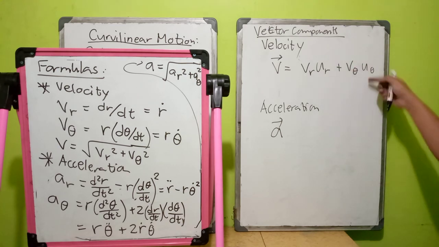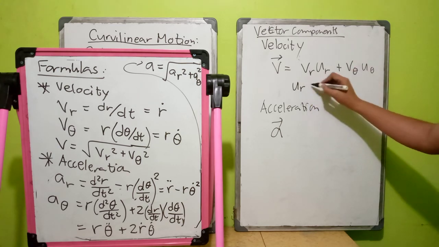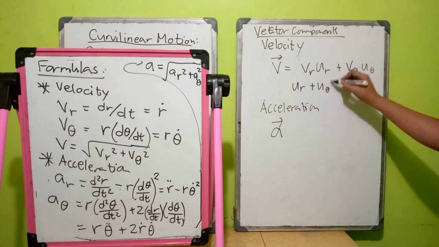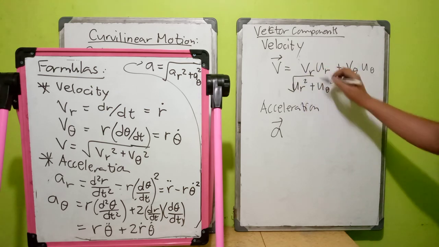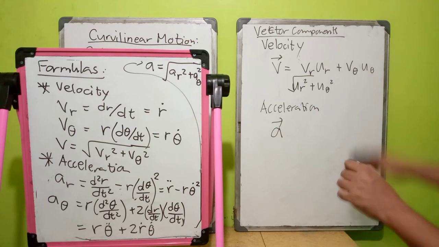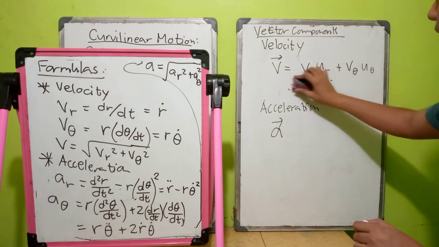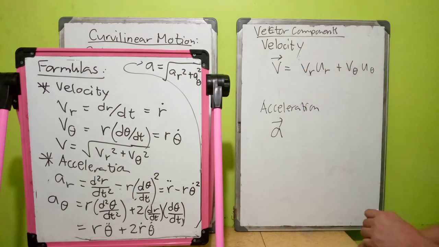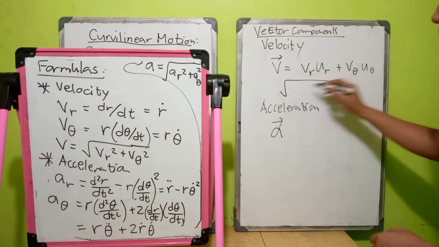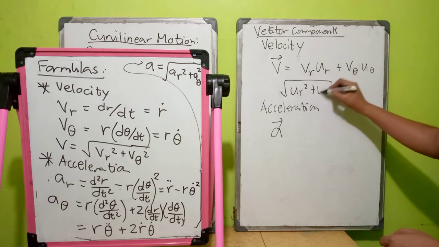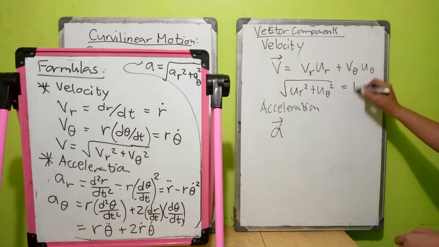The sum of the squares of ur and u theta should be equal to 1.